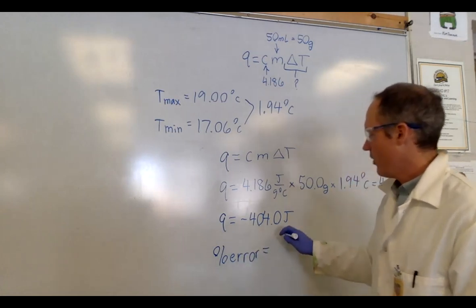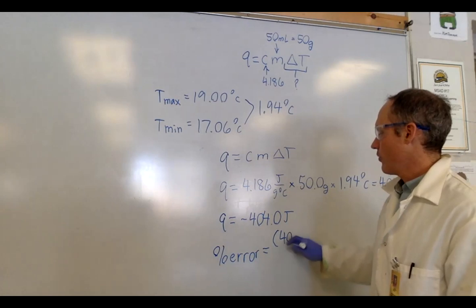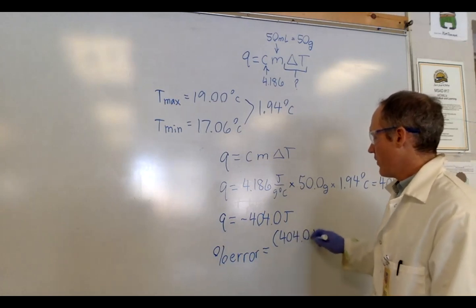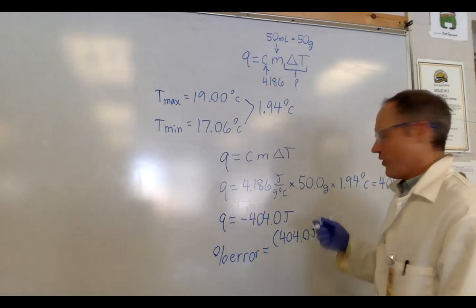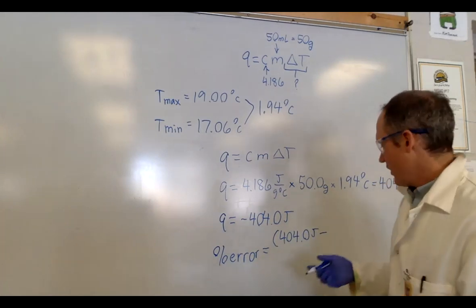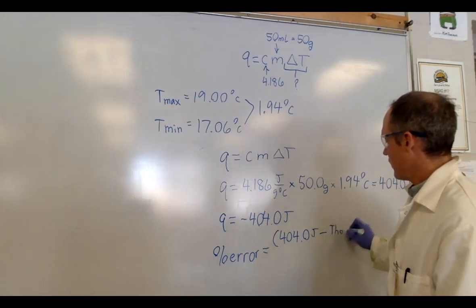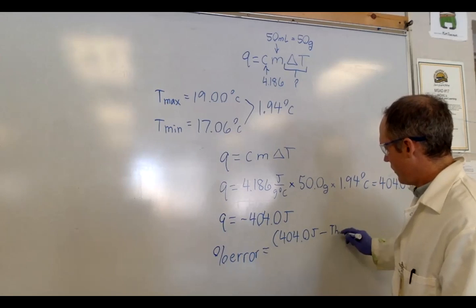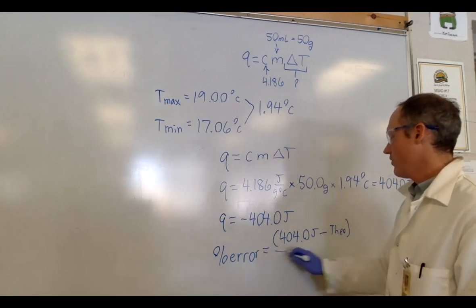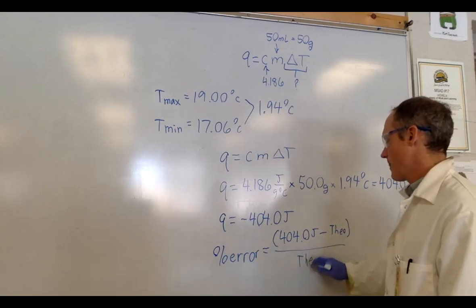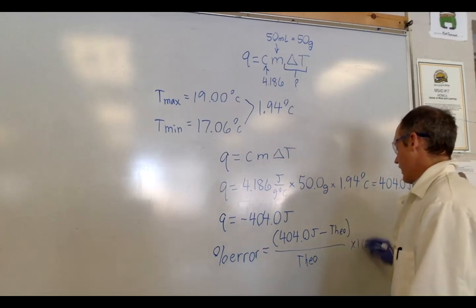Because our experimental value is 404.0. I wish I hadn't erased that. And our theoretical was around 280 something. So you need to put the theoretical in there twice and multiply that by 100%.